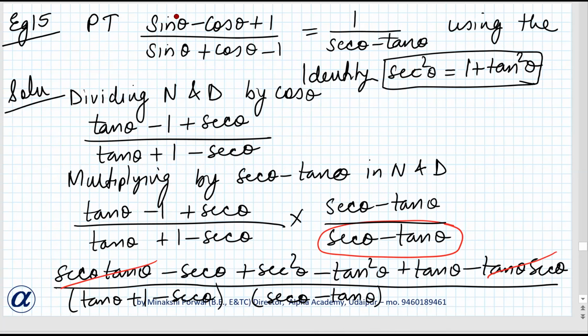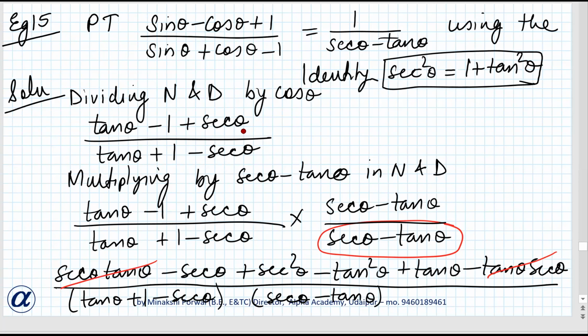Sine we cannot convert to sec, but we can convert it to tan by dividing by cos. Cos upon cos is 1, 1 upon cos is sec. So if we divide numerator and denominator by cos theta, we get the expression in terms of tan and sec. First step is this.